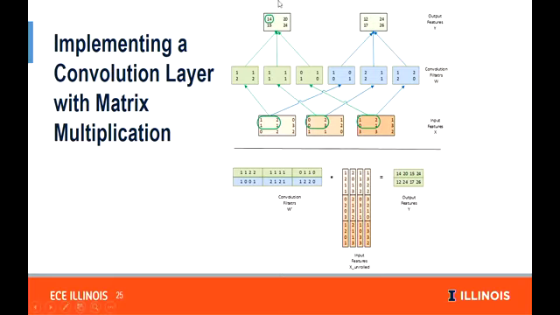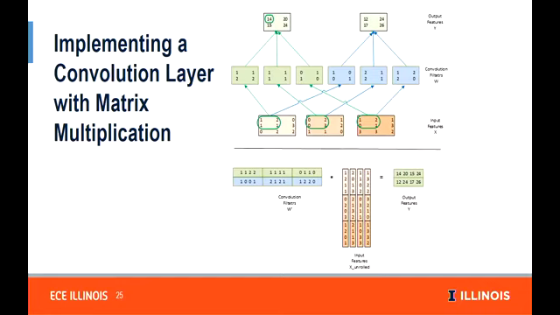Okay, so how do we formulate a convolution layer as matrix multiplication? Remember, every output element is essentially a small convolution of input, and then a sum across all these inputs, right? Convolution is just a collection of inner products.